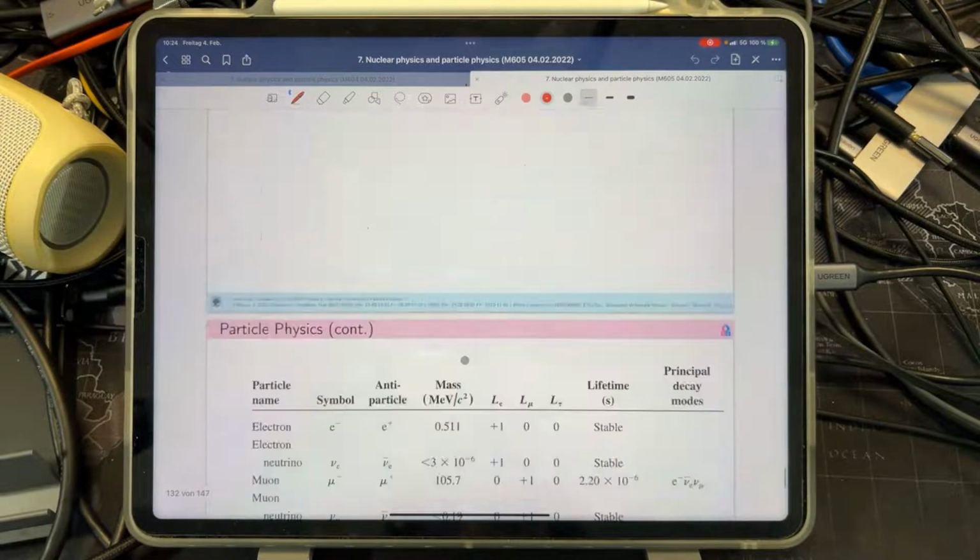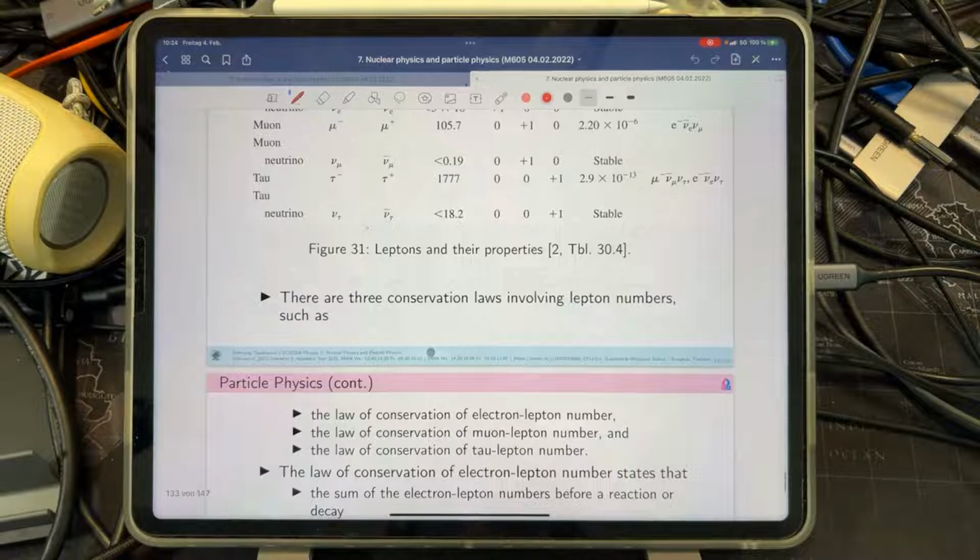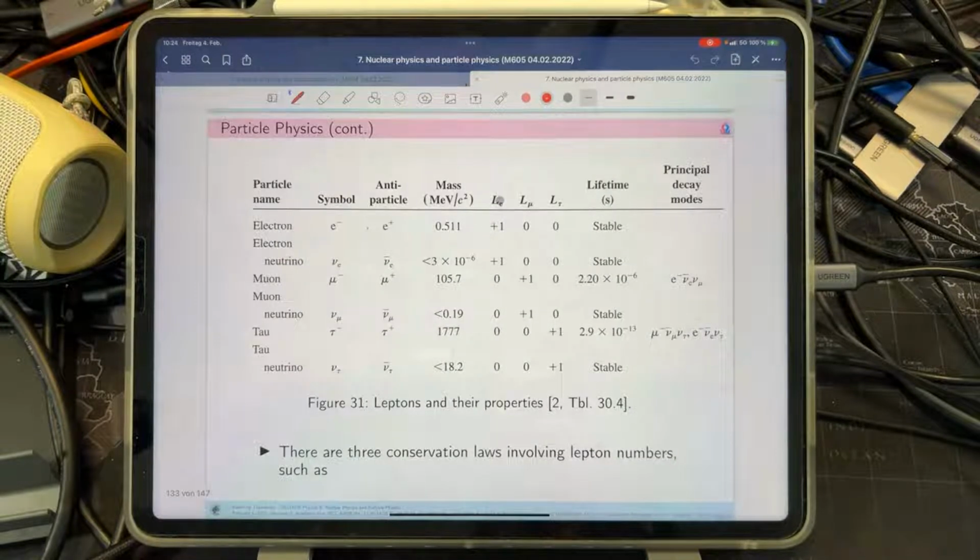Now we move to the law of conservation. You have seen the lepton number, right? The lepton number for the electron is 1. The lepton number for the positron will be -1.